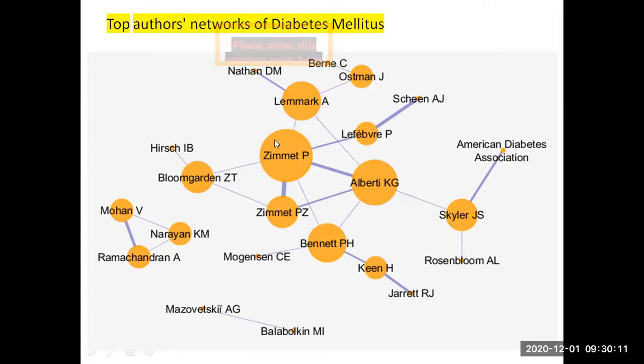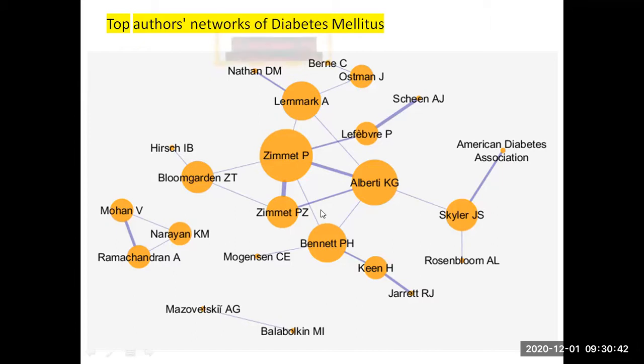Here the bigger node means they have more papers, and thicker connection means they are connected more strongly. And this connection is a little bit awkward in the sense that it's the same person, but somewhere he's using his middle name, somewhere he's not using it.